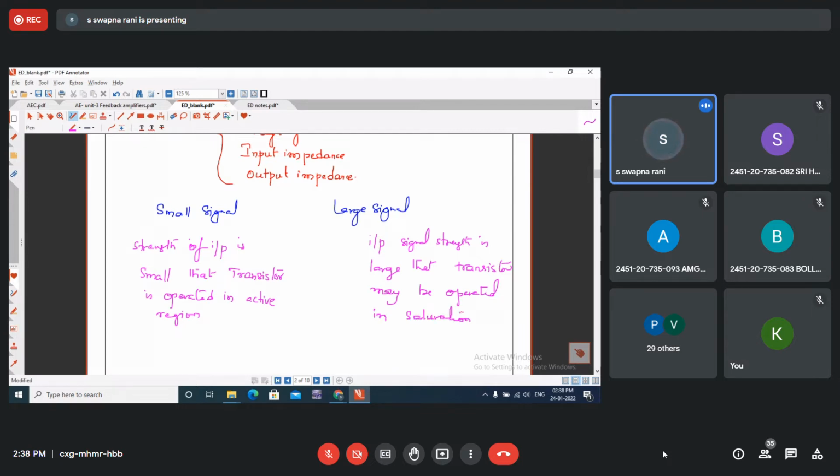In addition to the active region, the transistor may enter into saturation and cutoff.